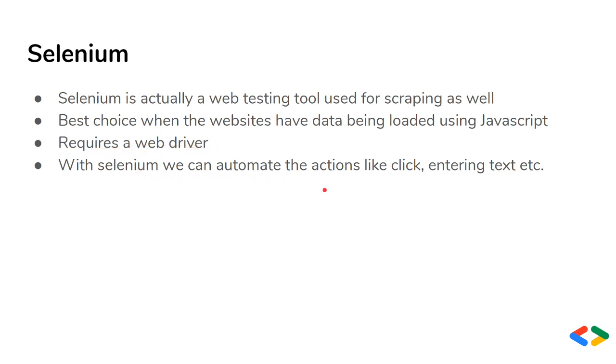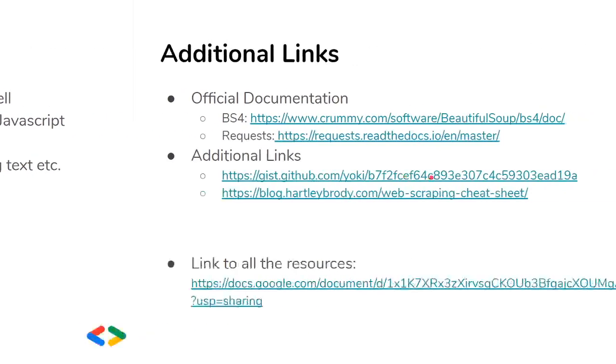With Selenium, you can actually automate the process, such as the clicks on the website. All the things that users normally do can be automated by this. So you can actually go and enter text in a search box to search. You can actually go and click, and Selenium helps you to automate all this.